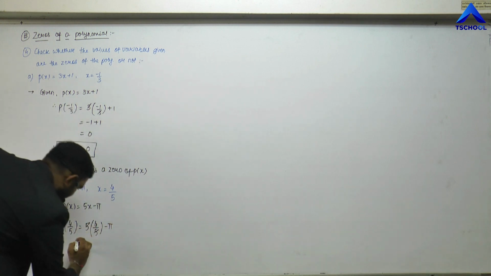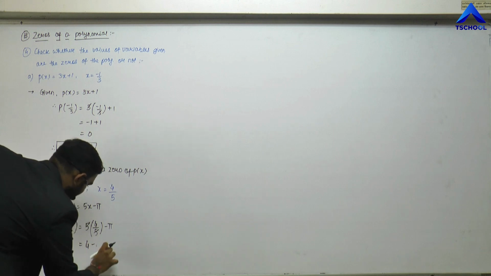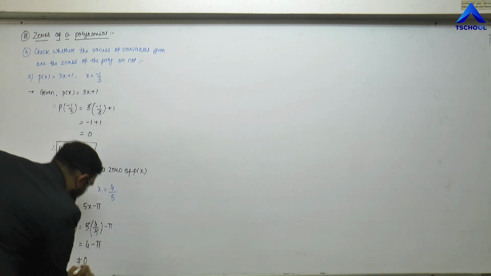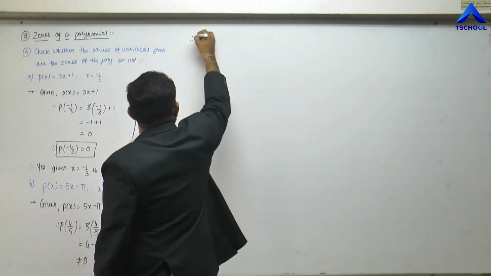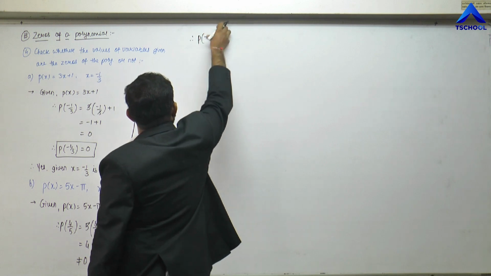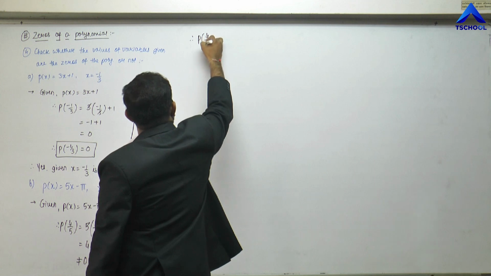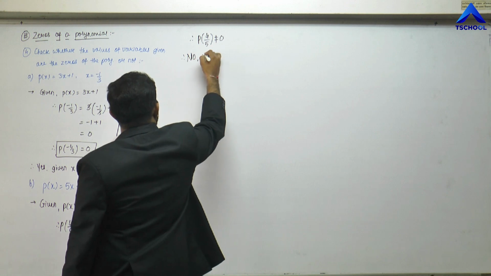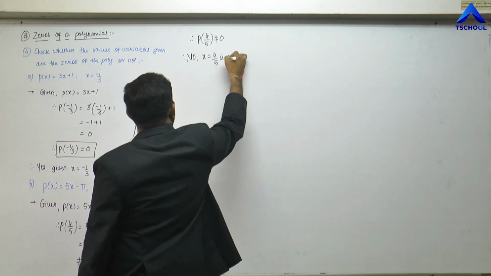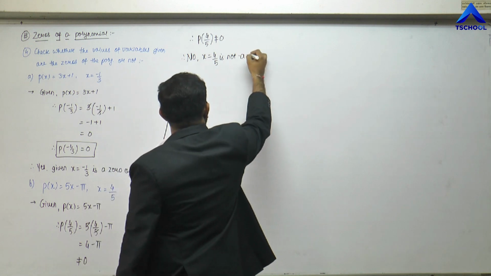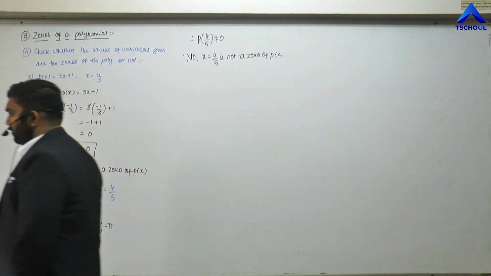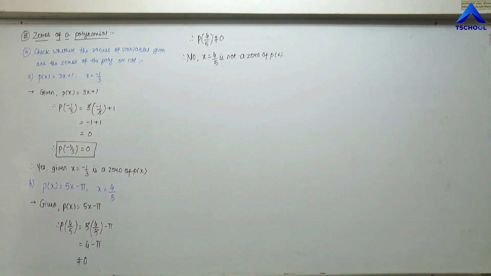Thus 5 and 5 can be cancelled, which is 4 minus pi, right? This is 4 minus pi, which is not equals to 0. Therefore, sorry, my mistake, not minus, p of 4 upon 5 is not equals to 0. Conclusion, no, x equals to 4 upon 5 is not a zero of p of x, right?